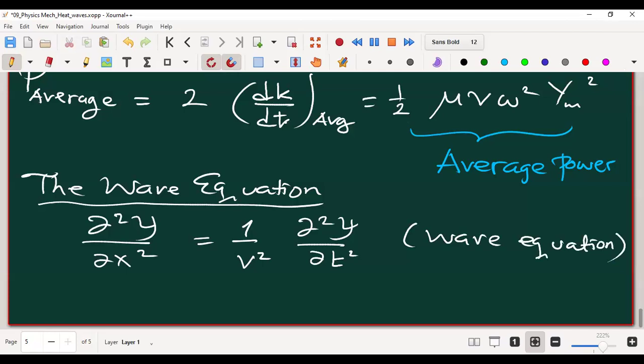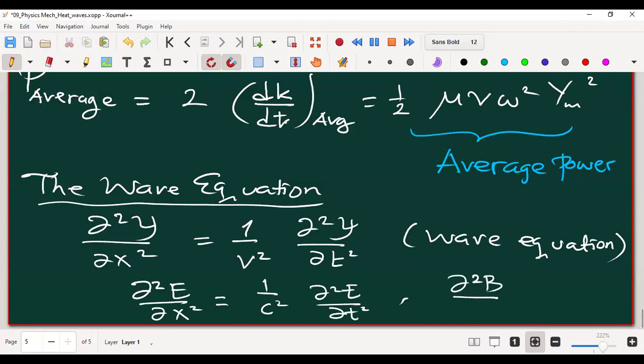So if you find an equation like this, it is a wave equation. For example, the equation for an electromagnetic wave: ∂²E/∂x² is 1/c² times ∂²E/∂t². This one is the equation for an electromagnetic wave, where E is the electric field and B is the magnetic field.